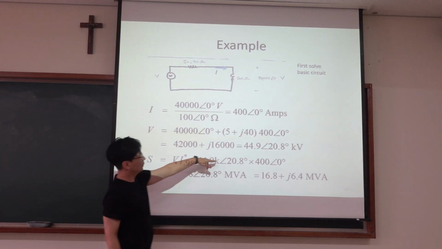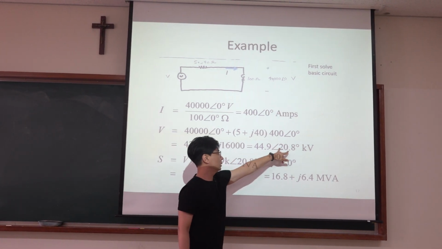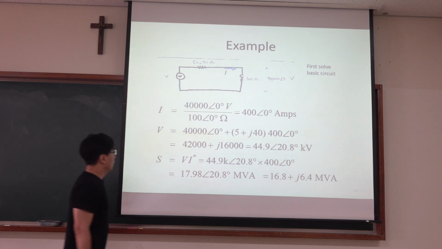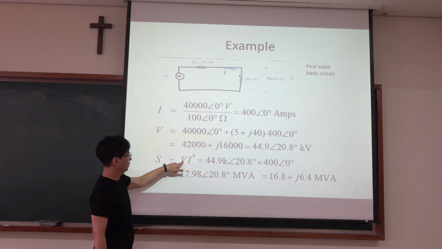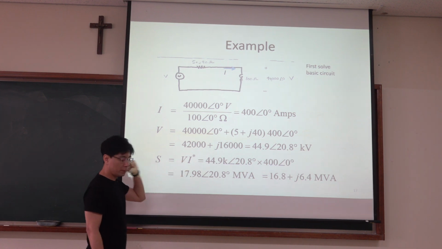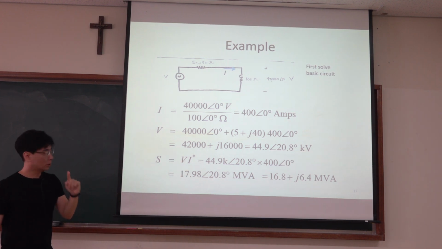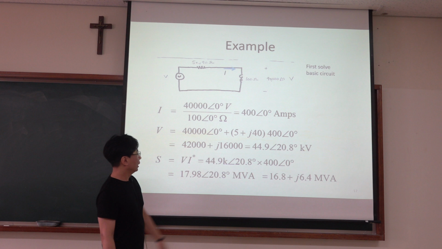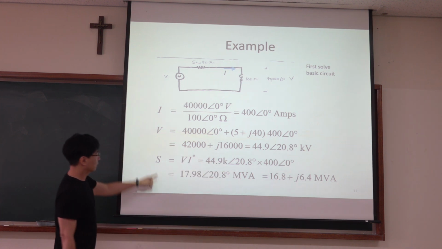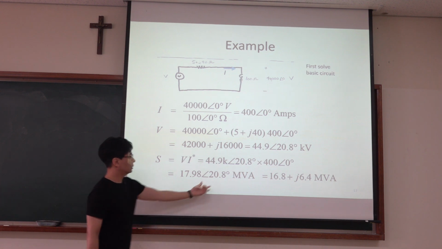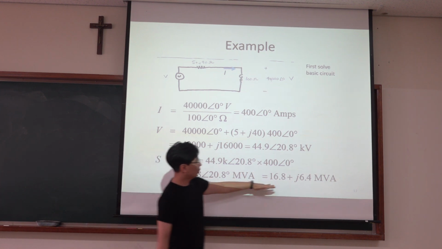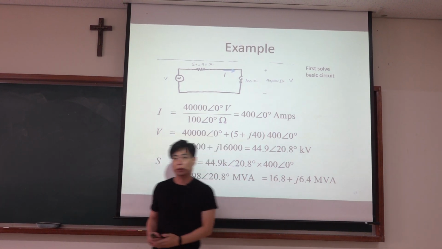The magnitude is 44.9 kilovolt, and this is the angle. Then the complex power, complex voltage times the conjugate of complex current, VI conjugate. When you compute it, the complex power at the source node is this much. This is the magnitude, and this is the angle, or active power and reactive power, okay?